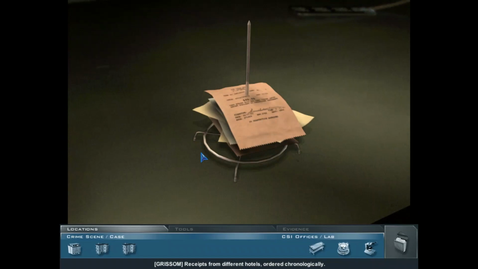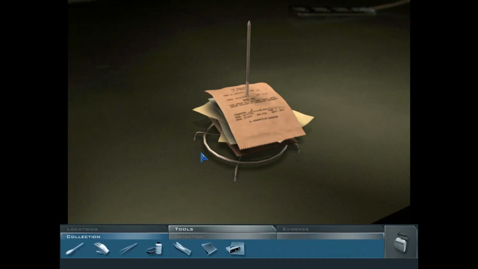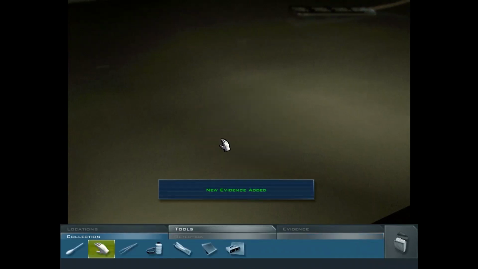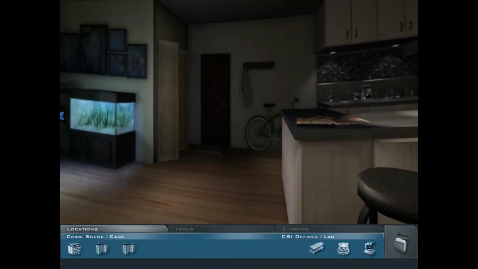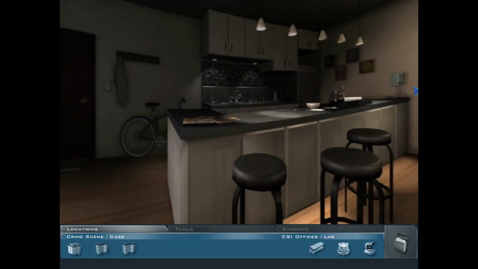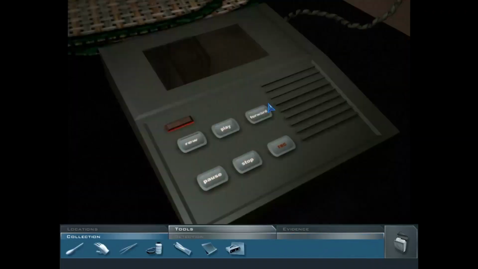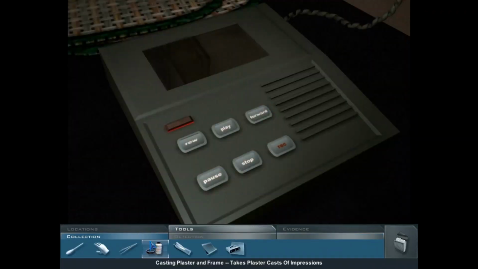Receipts from different hotels, ordered chronologically. Hey, Kylie, it's your buddy Bert.